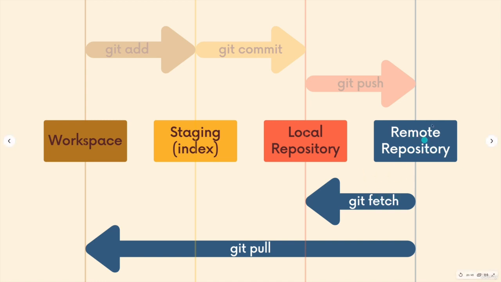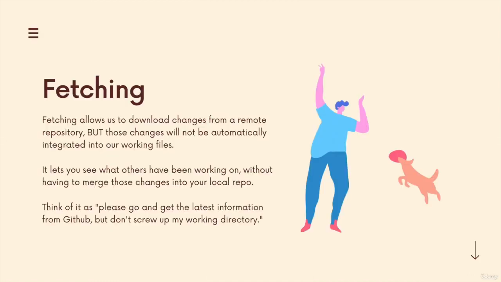So we're going to start with git fetch. Fetching is going to take remote changes, so stuff coming from a GitHub repo, and bring them down to the local repository, not into our working directory. So that is what git pull does. I will illustrate the difference. It can seem a little confusing at first. Fetching allows us to download changes from a remote repo, but those changes are not integrated into our working files.